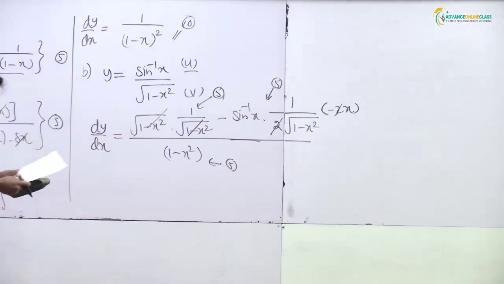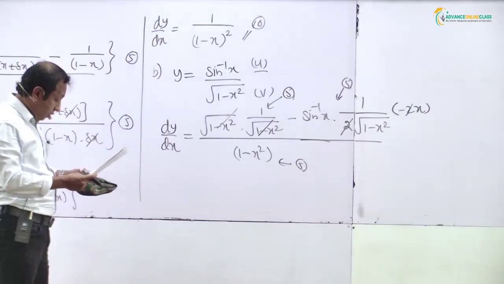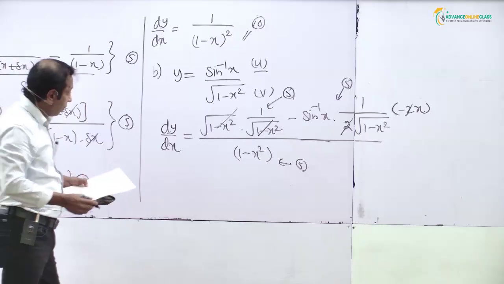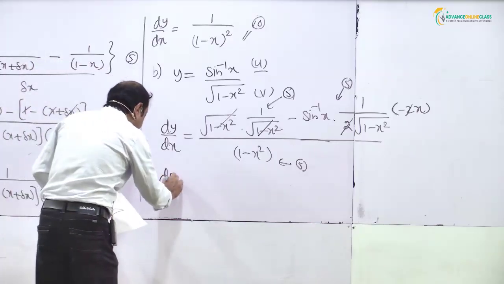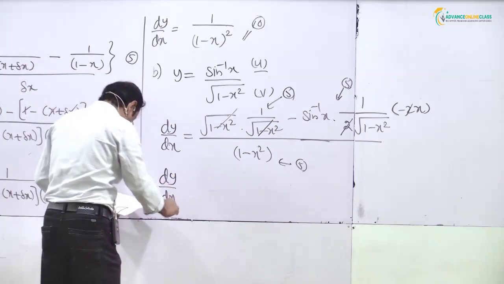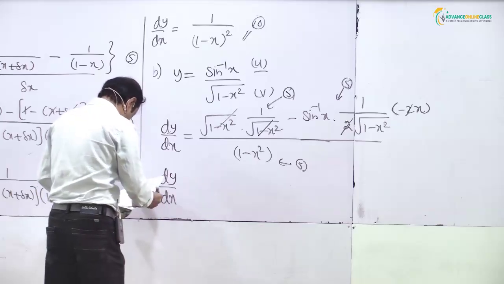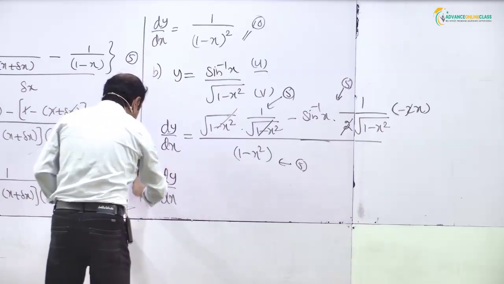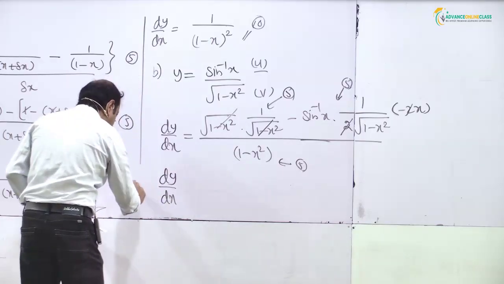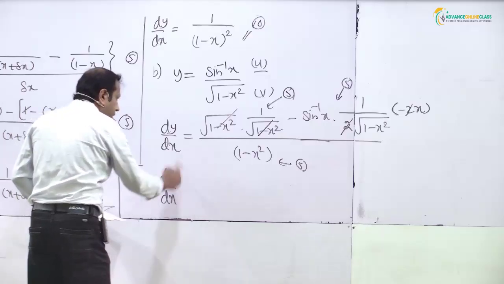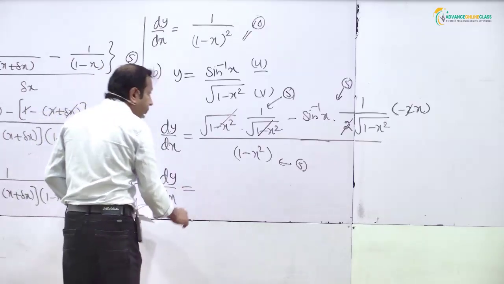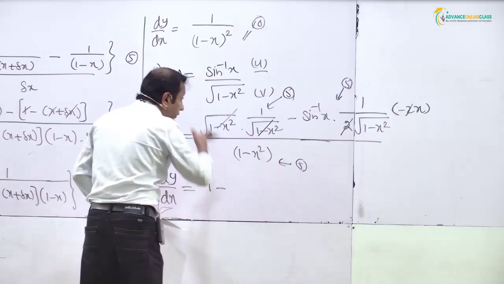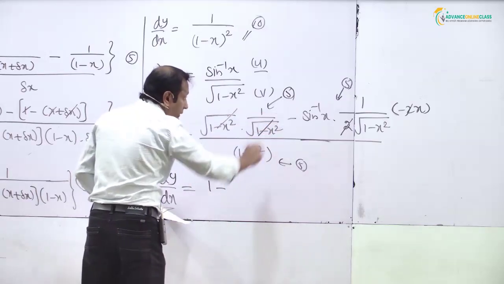Then what you have is dy over dx. Use cross multiplication to bring this to the left hand side: 1 minus x squared dy by dx equals 1, minus and that minus make plus, no?